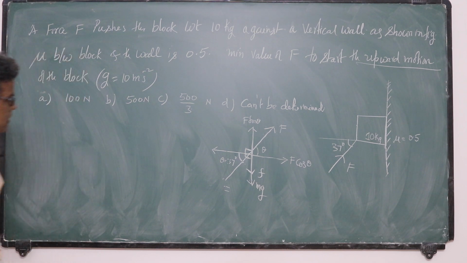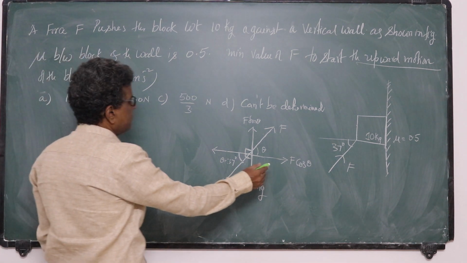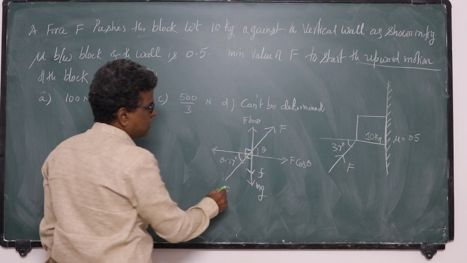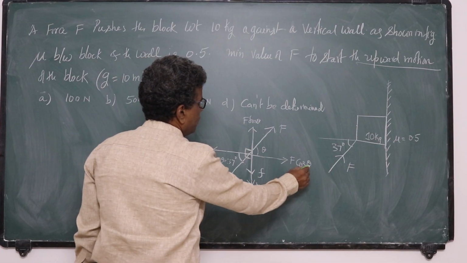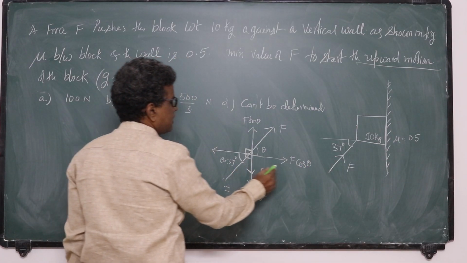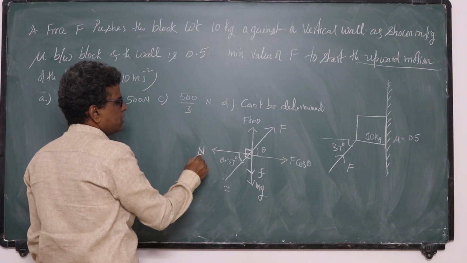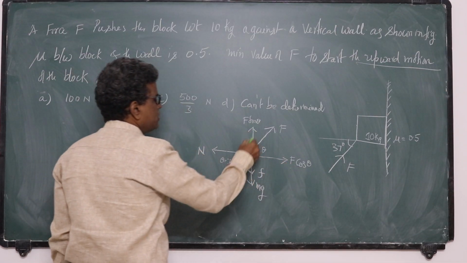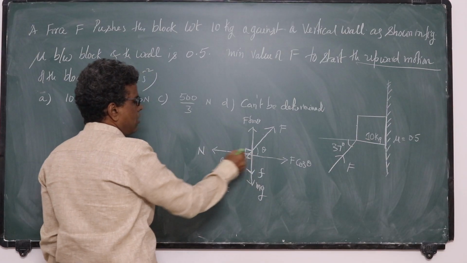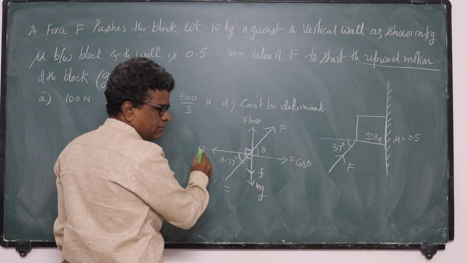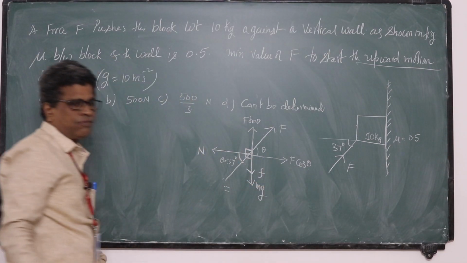So I want to check this F sin theta value. We want F cos theta, theta is 37. So normal reaction is here. How much force is exerted by this wall on the block? Let it be N. This N balances with the F cos theta.